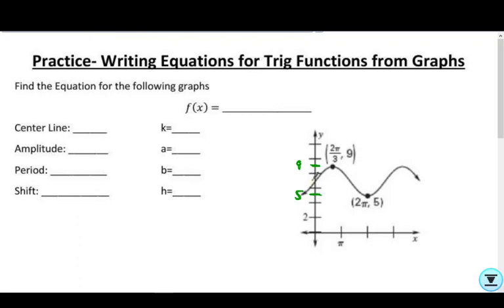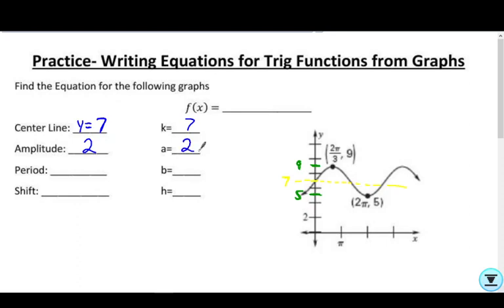So my center line is going to be right in the middle, right here. And the center line is at 7, which means my amplitude is 2 because my center line is y equals 7, because the distance from my center line to my maximum or minimum is my amplitude. So I already know what my k and my a is.